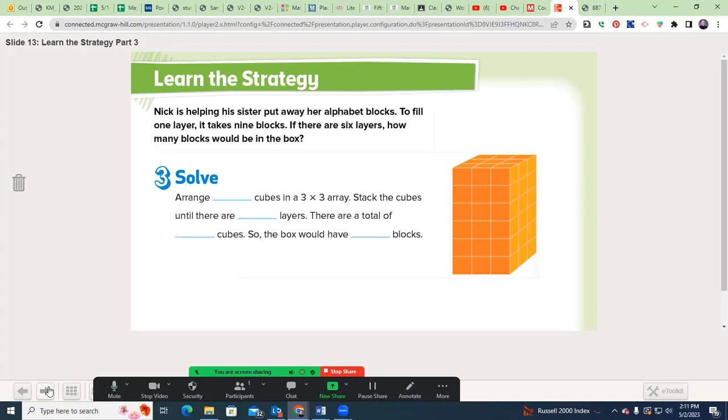So looking at our strategy, Nick is helping his sister again. We could arrange some unit cubes in a 3x3 array. Stack the cubes until there are how many layers? You should say 6 here. So 9 times 6 is 54 cubes. So you should have 54 blocks.